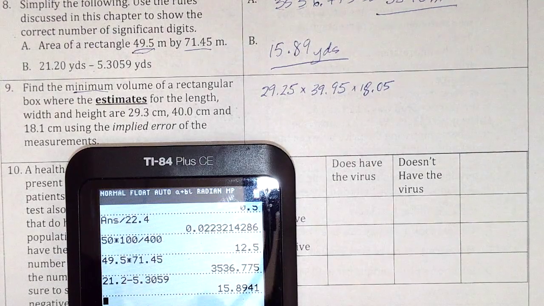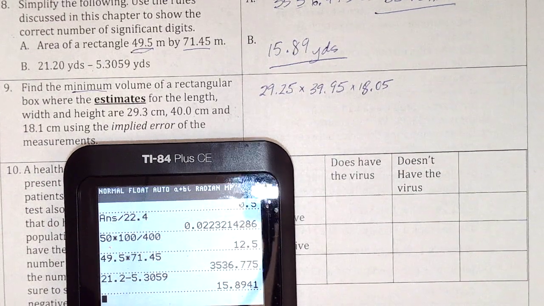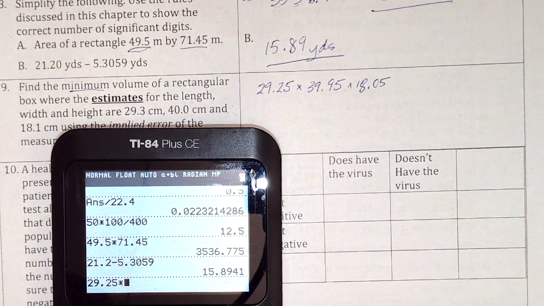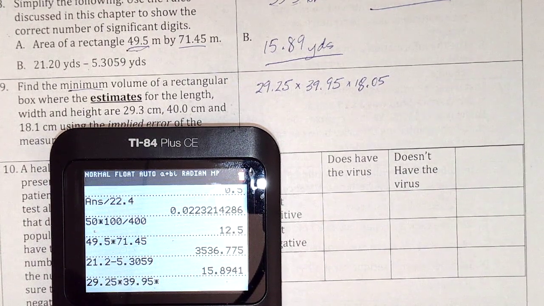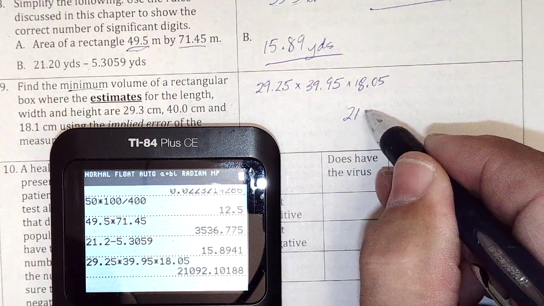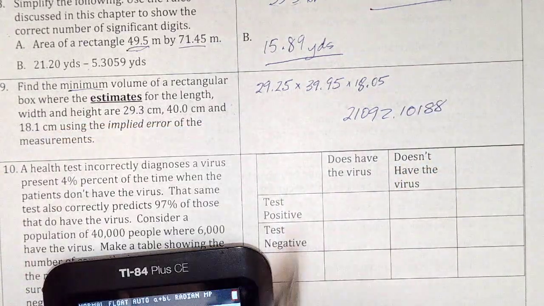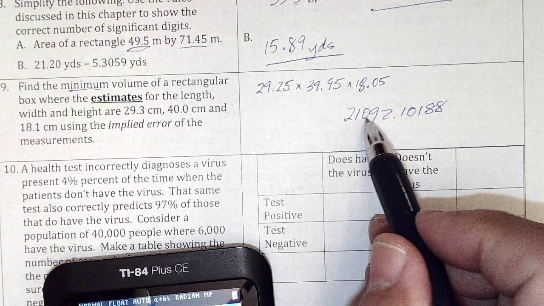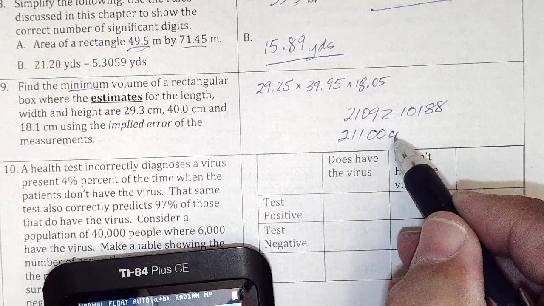And so those implied errors are going to give us a value of 29.25 times 39.95 times 18.05 and 21,092.10188, but we can only do 3 significant digits, so I'd have to round this to 3, so it'd be 211 centimeters cubed.